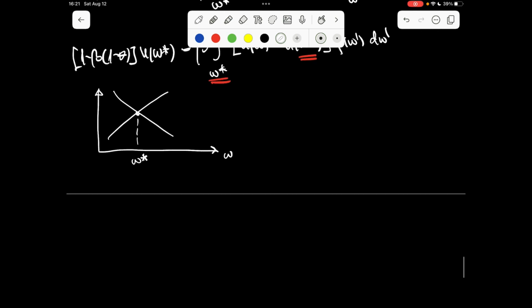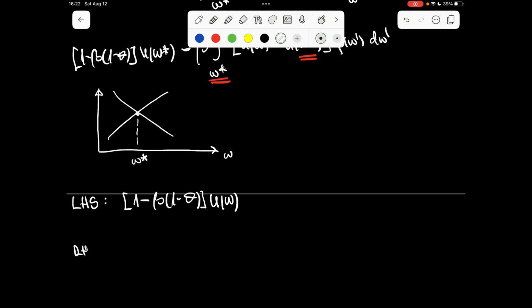So let's have some looks at them separately. This is the left-hand side. This is strictly increasing in the wage because function u is strictly increasing in the wage.